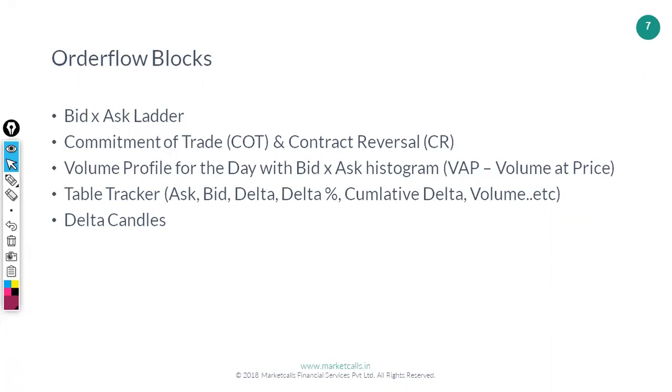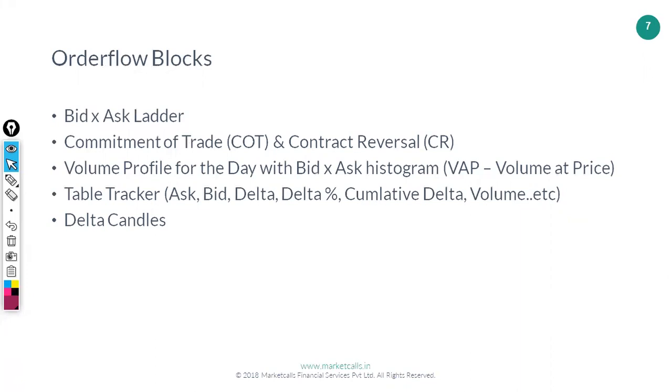There's one more table tracker which lists down for each and every candle what is the total ask, the total number of buyers, the total number of sellers, the delta, the cumulative delta, and the volume. The table is kind of a dashboard which provides you complete information about each and every candle.